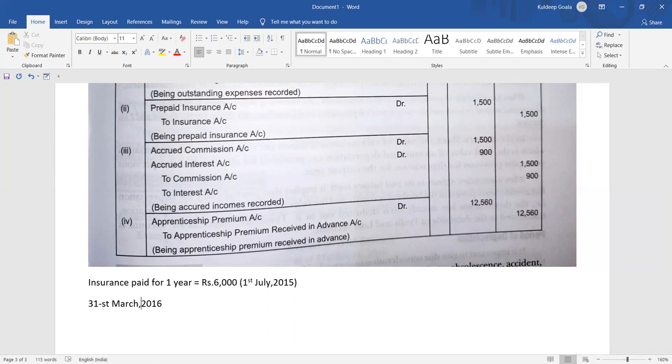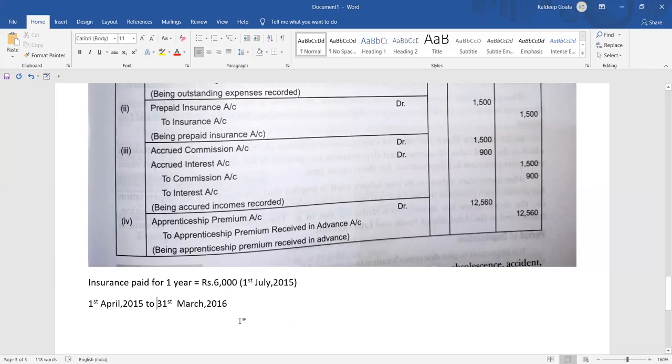That means it started on, just a minute, yeah, it started on 1st of April 2015 and ends on 31st of March 2016. So this is the time period.